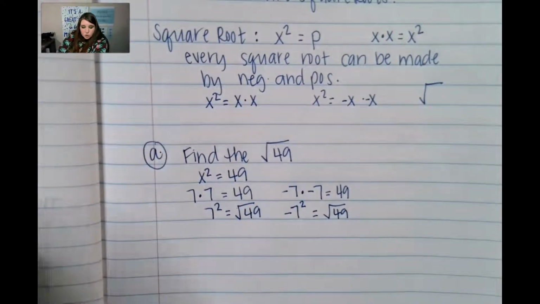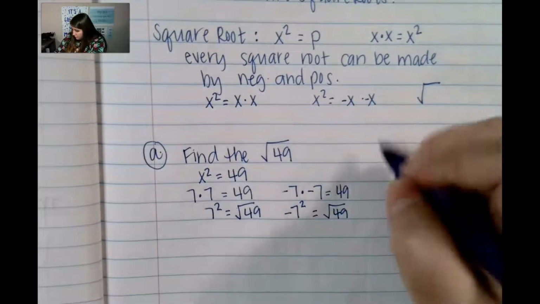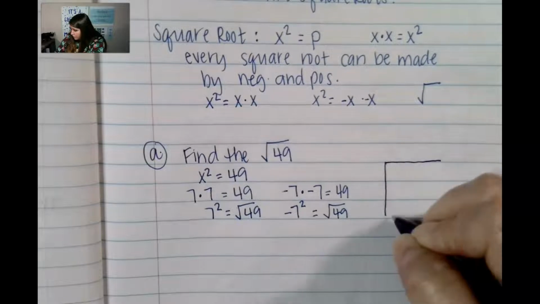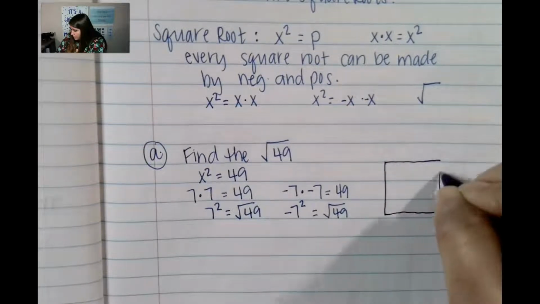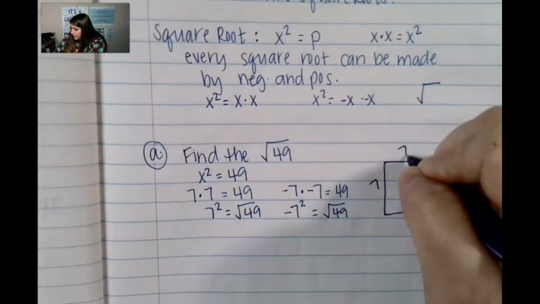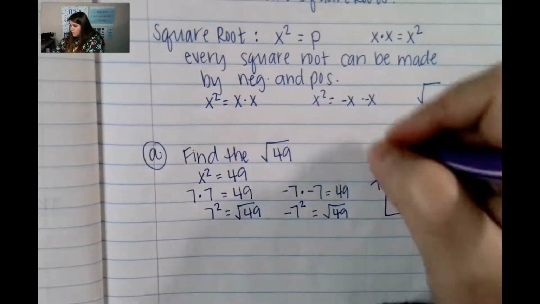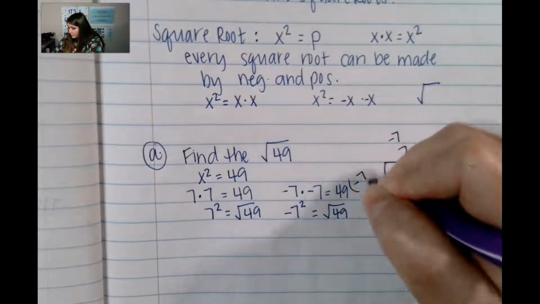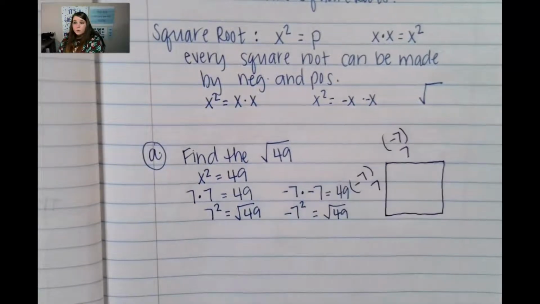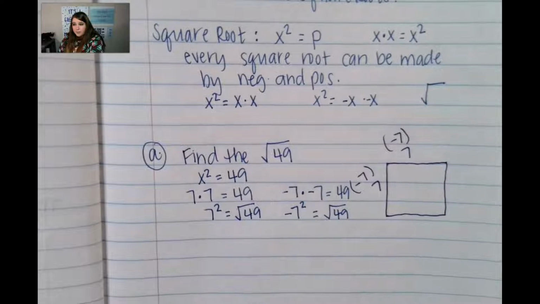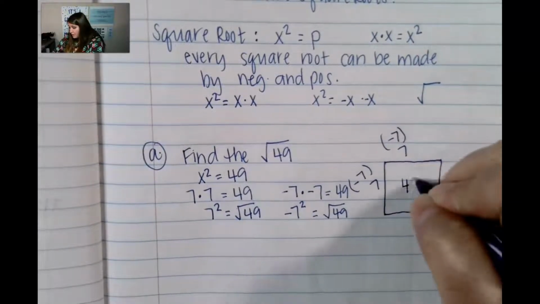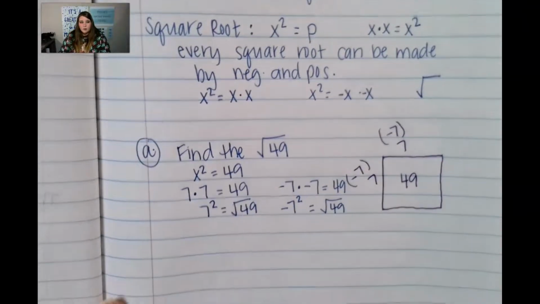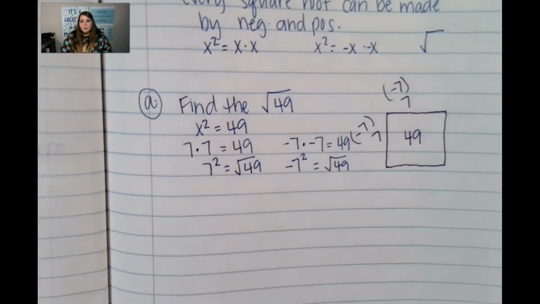So if we wanted to draw this out, and we had a perfect square over here, and we had 7 times 7, or negative 7 times negative 7, both of those would work. That would mean that this whole thing here is 49. Okay? All right, let's think about another one.